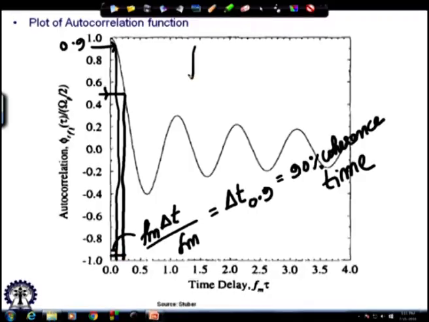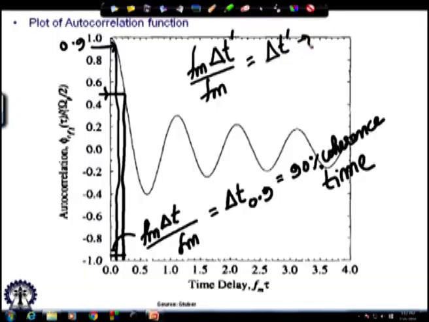So, we would have Fm delta t prime, which is another value of delta t here, because it is the same Fm divided by Fm would be t delta t prime, and for this case we would call it delta t 0.5. That means, it is the separation in time which would lead to 50% coherence between the signal components.